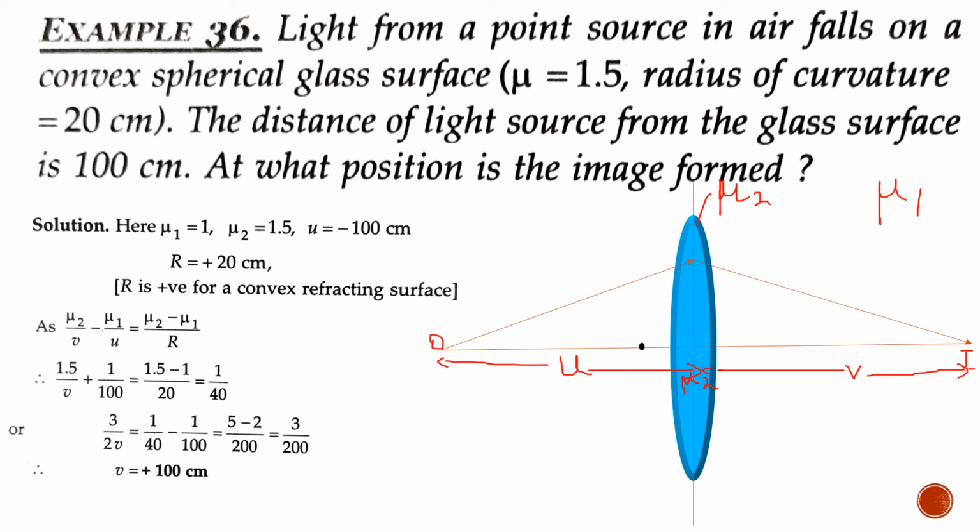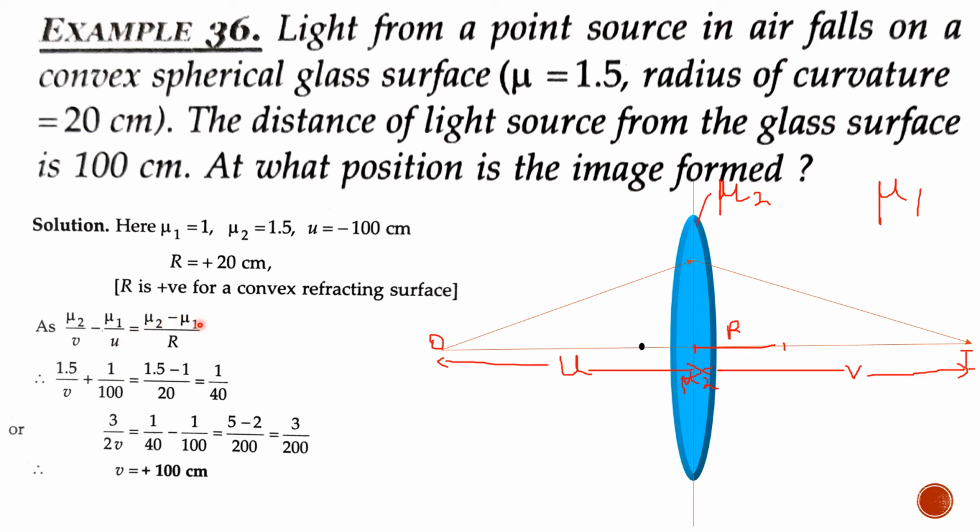And this distance is your radius of curvature. For a spherical surface, mu2 by v minus mu1 by u equals mu2 minus mu1 by R.